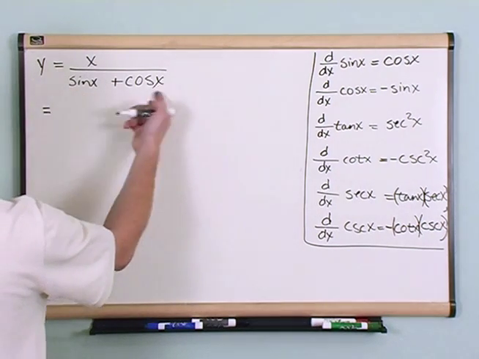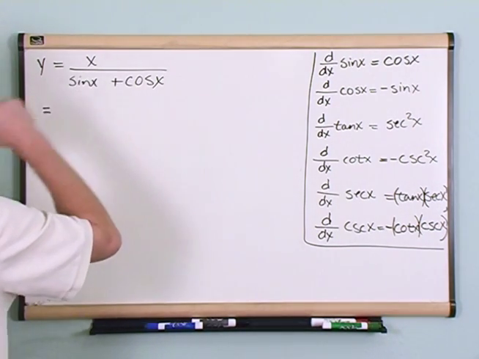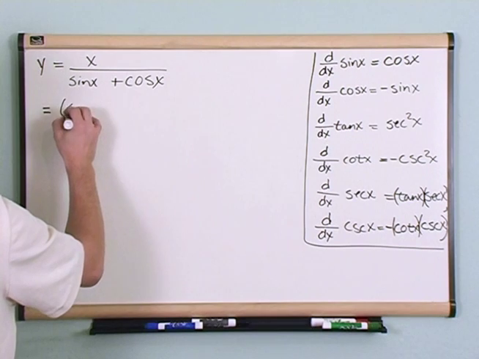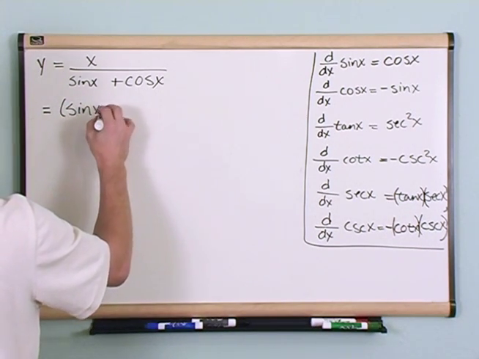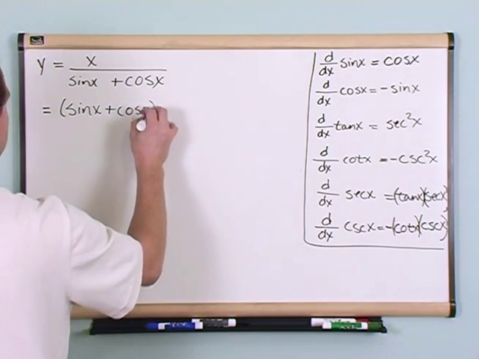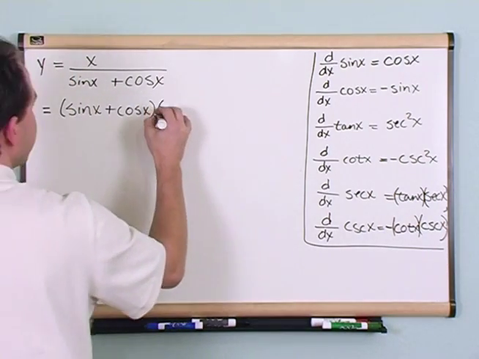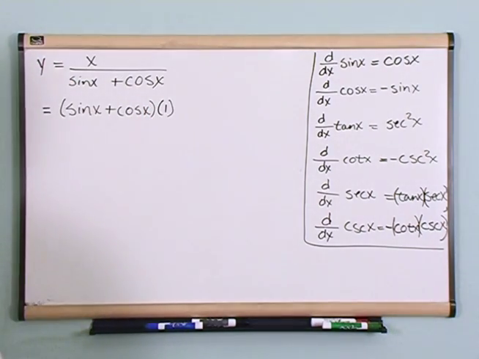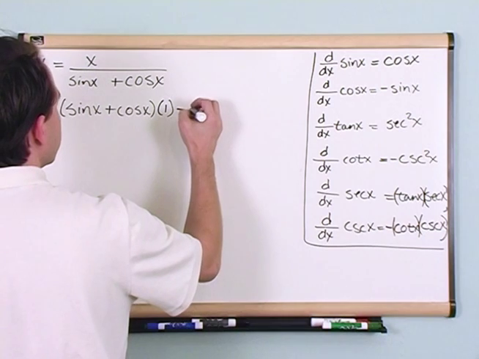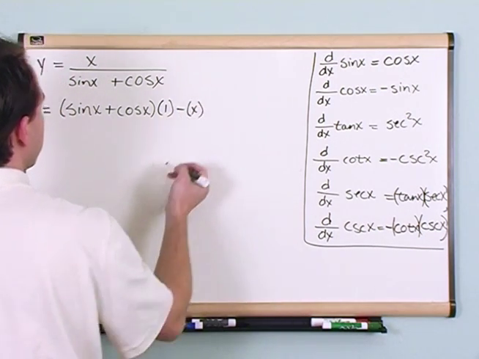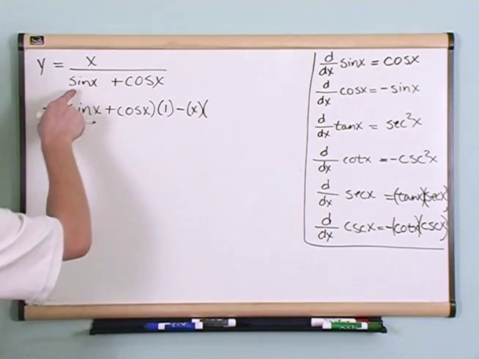But let's just do this. We're going to use the division rule to take the derivative. So we have the bottom, which is the sine of x plus the cosine of x, times the derivative of the top, which is just 1, derivative of x is 1, minus the top times the derivative of the bottom.